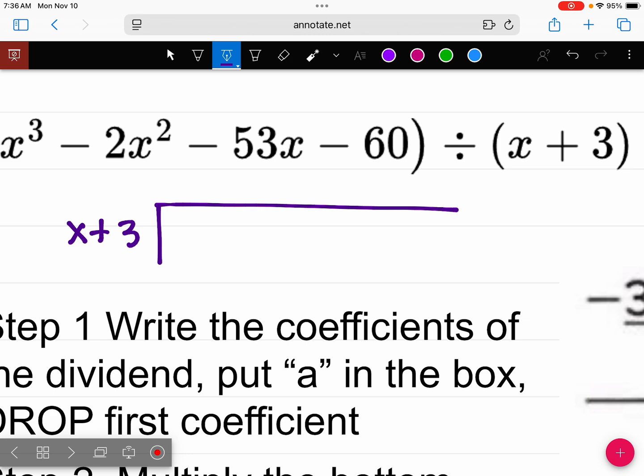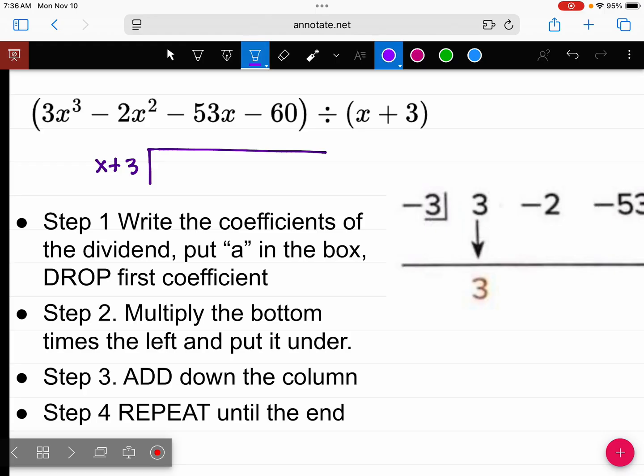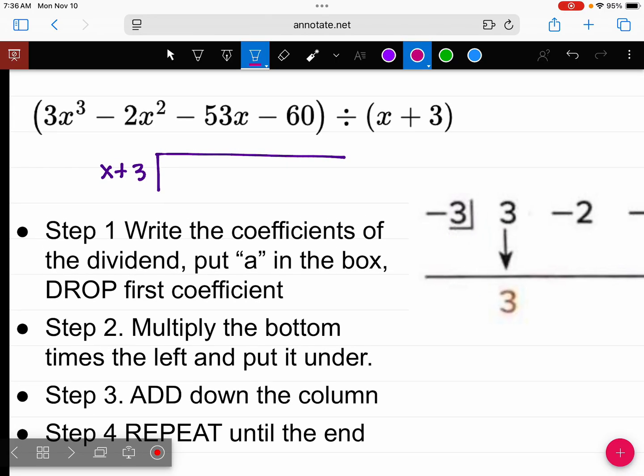I can write it this way. This would be my 3x to the third minus 2x squared minus 53x minus 60. This is called writing the coefficients. So it's the numbers that are next to each of the letters. They have to be in standard form, so biggest to smallest exponents, and I cannot skip any numbers.